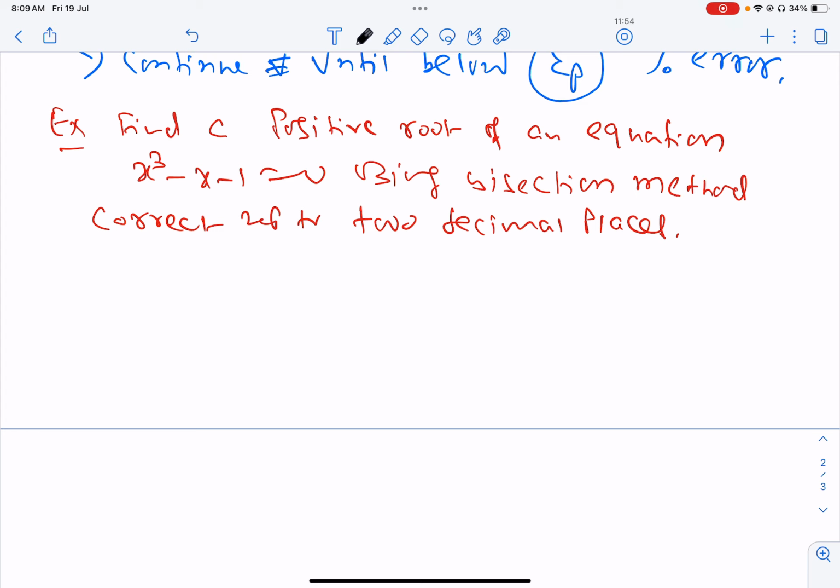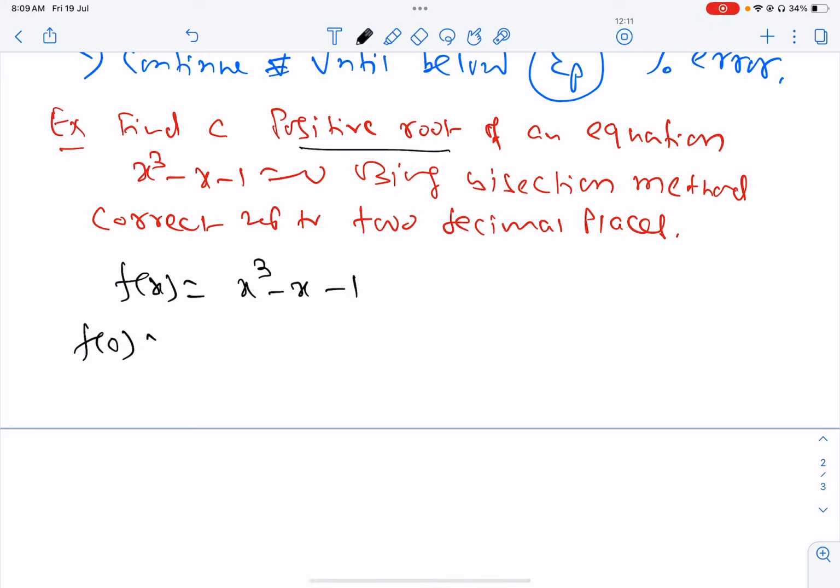Now let us see, f of x is x cubed minus x minus 1. That is given a positive root. So let us begin like this. First find a and b such that f(a) and f(b) are of opposite sign.